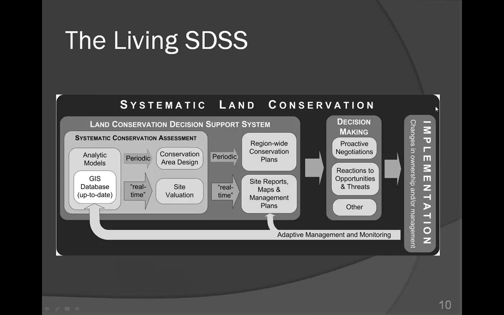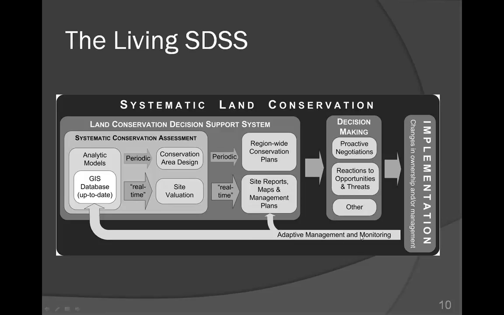Okay, well, actually, even before going into that fifth goal, here's an example schematic of that, which is also on the community website, so I won't go into it too much. But you can see here's the flow of making the decision support system, having that support decision-making, making that go into helping implementation, actual on-the-ground changes in ownership and management, but then all the while having adaptive management and monitoring of that, feeding back into your system, both at the site report level, but also into your GIS database, so that you can continue to have real-time site evaluation and real-time decision-making based on what's on the landscape.